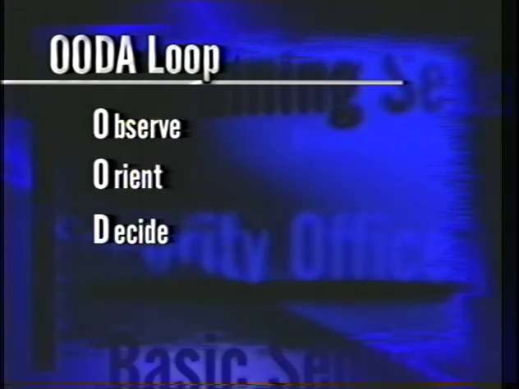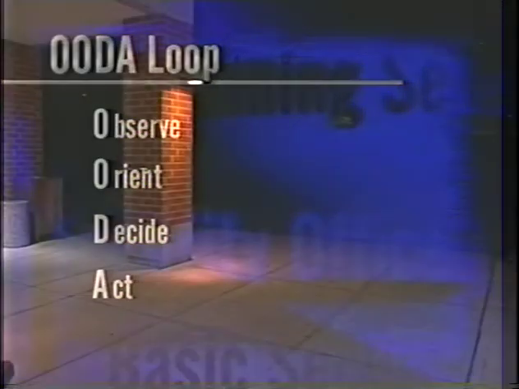We can learn a good lesson from the people who work in an environment that relies heavily on observation and perception. Jet fighter pilots. Top Gun pilots are trained to use what is called an OODA loop. OODA stands for observe, orient, decide, act. Observe what is going on in the environment.